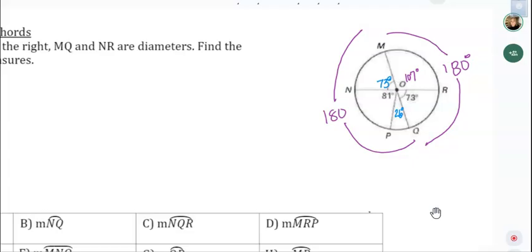So I could go ahead and label some of the smaller arcs. So I know that this is 73 from here to here. This one's 81 from here to here. 26 from P to Q. 73 from Q to R. 107 from M to R. So we have our circle arcs labeled.